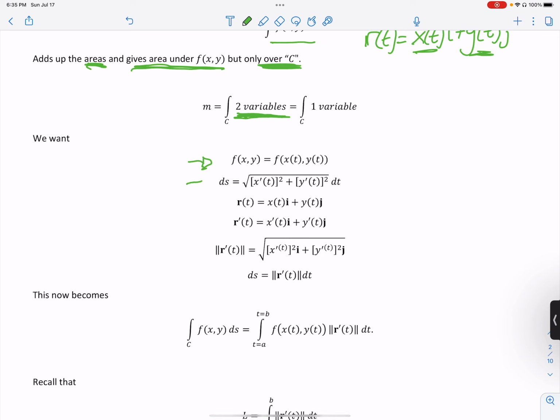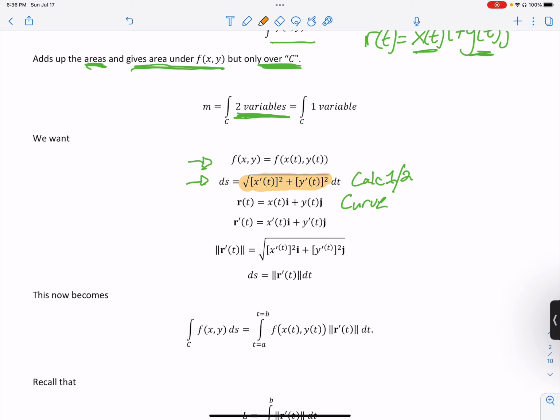Now, ds, this is arc length. I don't know if you remember, but this is from, I think, Calc 1 or 2. We actually also use this definition sometime in this class. R of t is the curve that we're moving along, defined by x and y. Remember, this is what ds is representing.